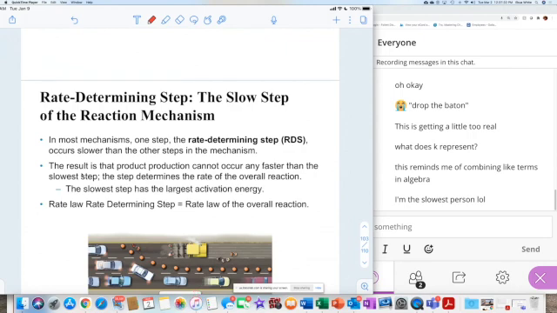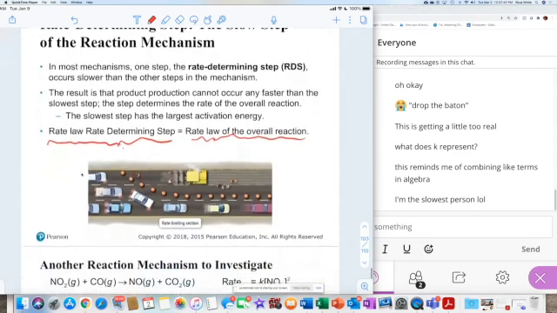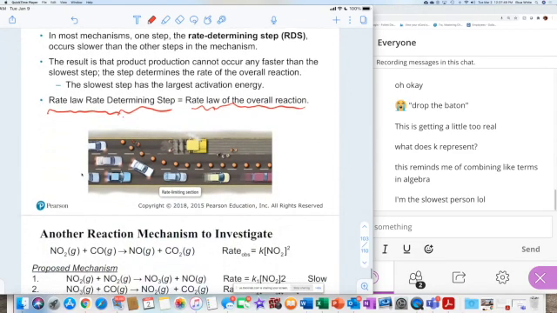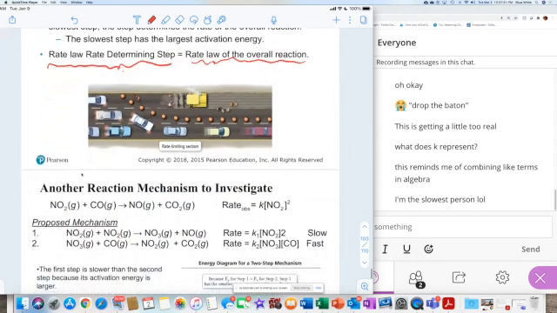Make that step faster, because the rate law of the rate determining step is the rate law of the slowest reaction and therefore the rate law of the overall reaction. So you want to make sure the slowest person is moving faster, and that affects the whole reaction.